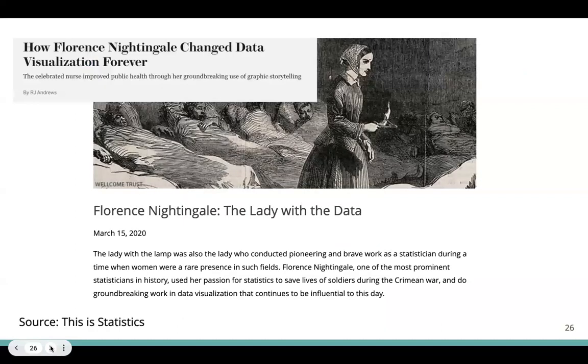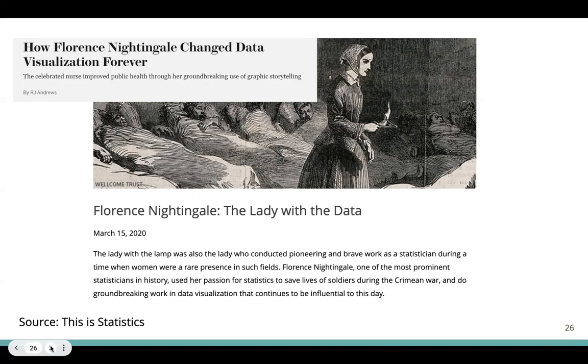But one thing we don't know that much about is that she's not just the lady with the lamp. If you don't know what that refers to, that's a whole other history to look at, where you can read of how she played a huge role in nursing on the battlefield, and saved a lot of lives.